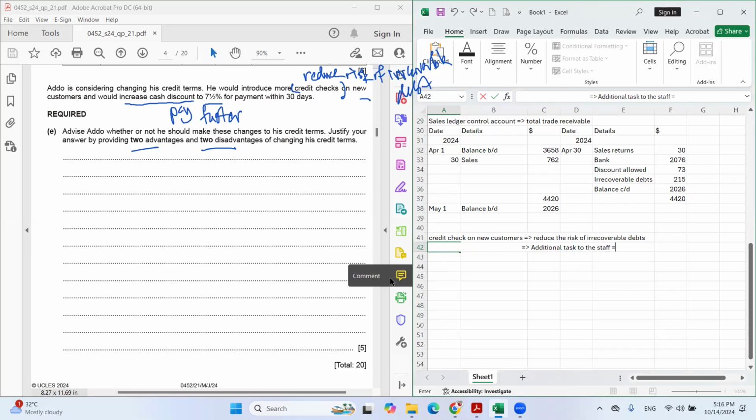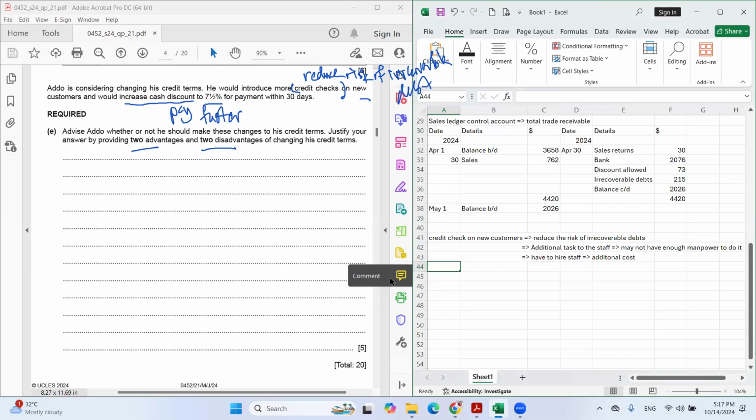It may not have enough manpower to do it. So that could happen. So in this case, what happened? If there is not enough manpower, he has to hire staff. So this is an additional cost to the business. So this is a disadvantage.